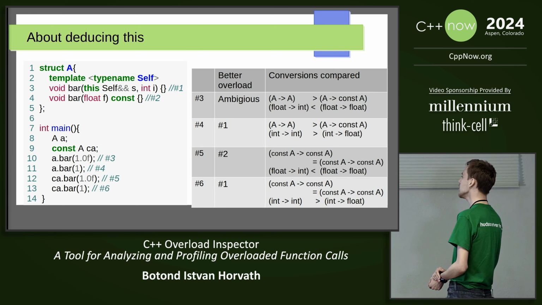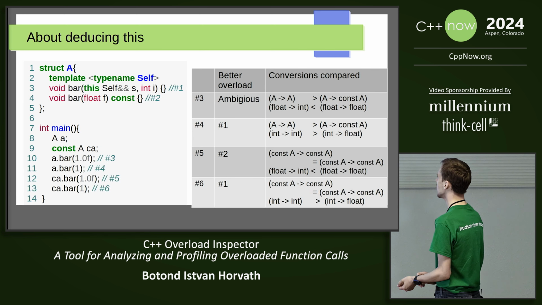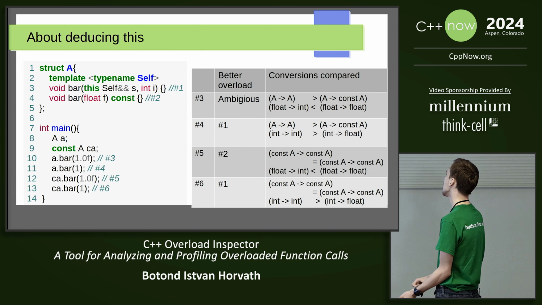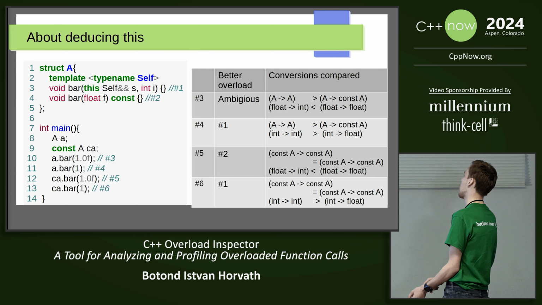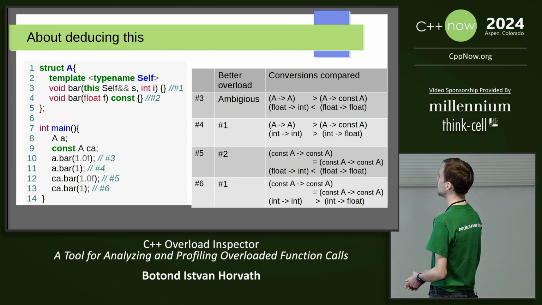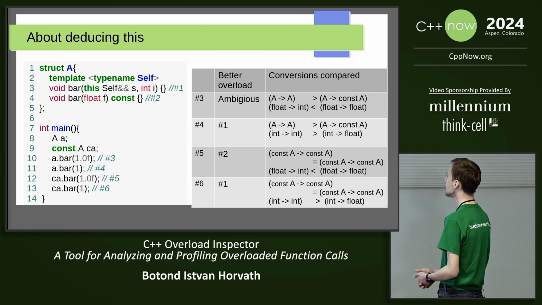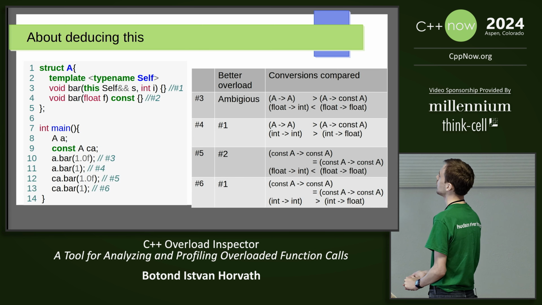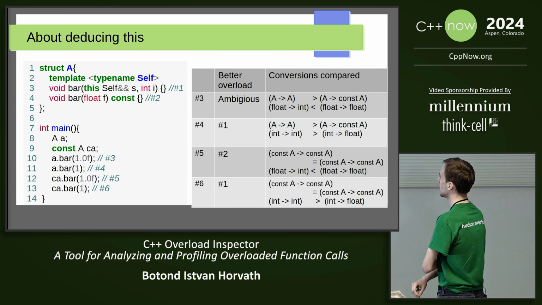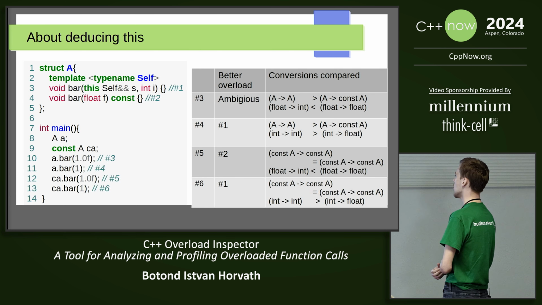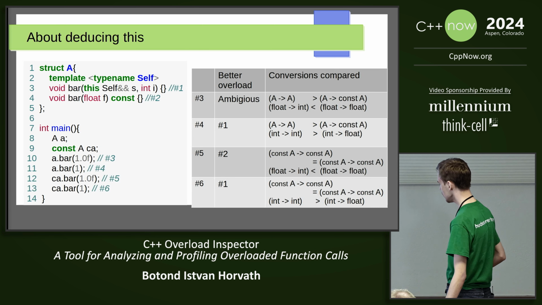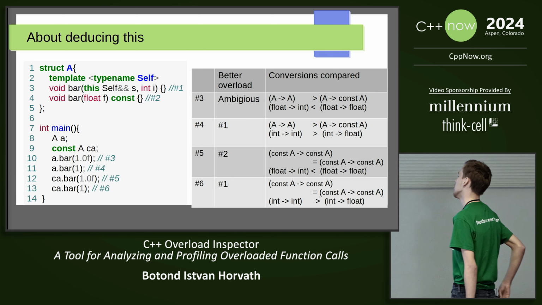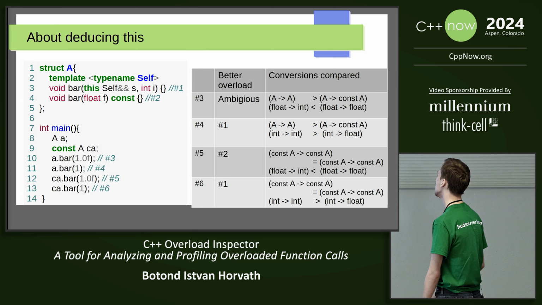And we can see that in line 10 we get an ambiguity because the template is reduced to A, and we marked the second function as const, and we have a non-const variable we call the function on.